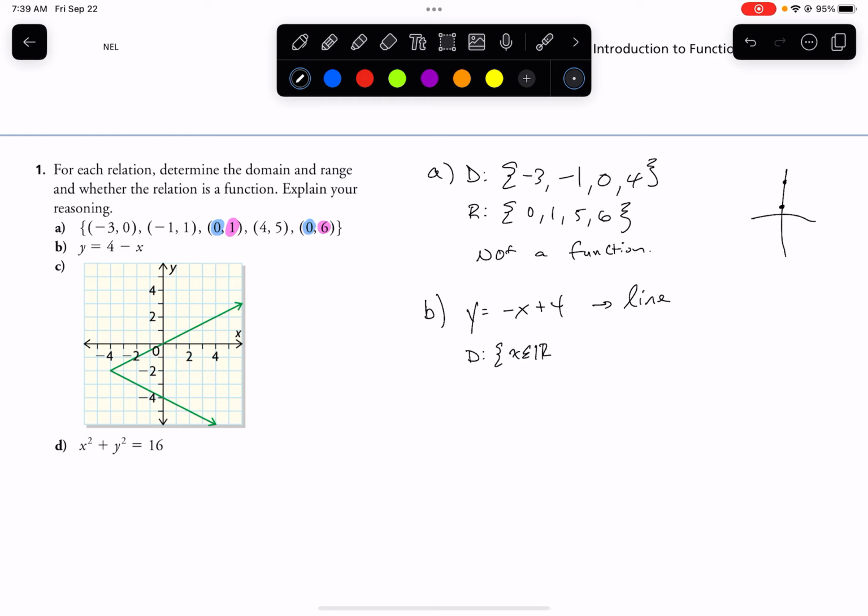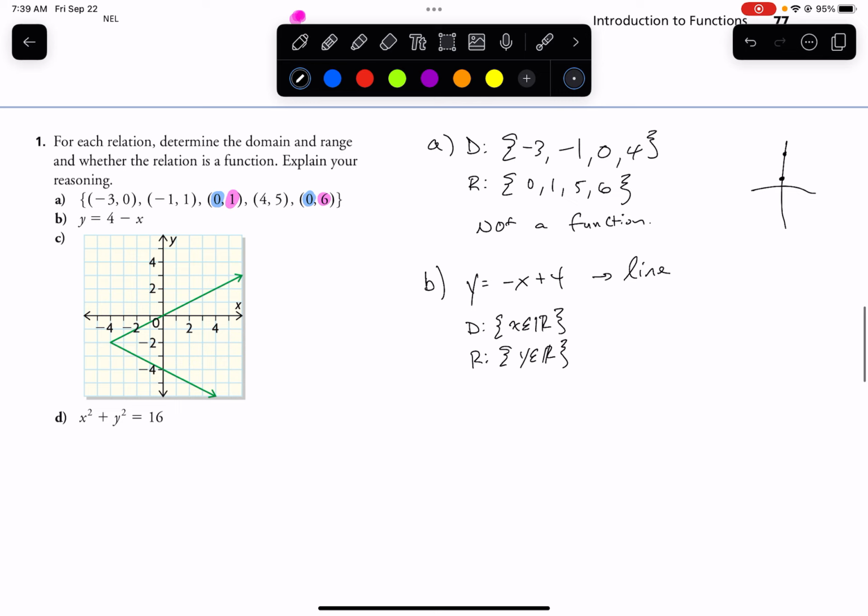Those 2 exceptions are a horizontal and a vertical line. All other lines are going to have a domain of x ∈ ℝ because I don't have any restrictions on what I can substitute in. And subsequently, because that's true, the range is also going to be y ∈ ℝ.